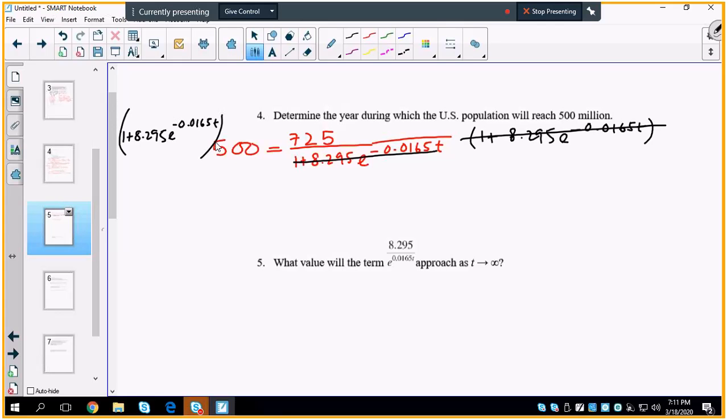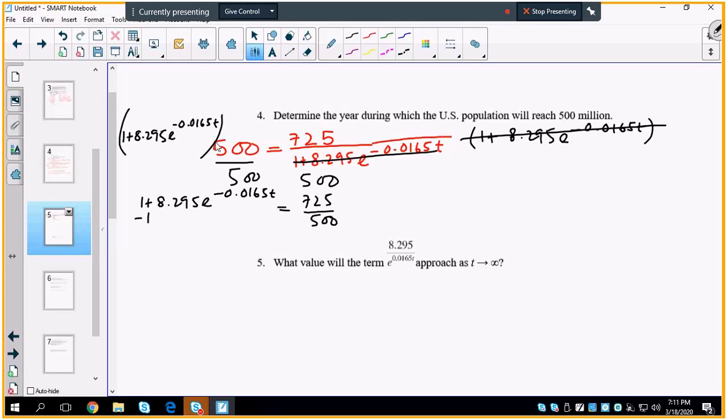Then I will divide both sides by 500. So what I will get is 1 plus 8.295 e to the power minus 0.0165 t is equal to 725 over 500.